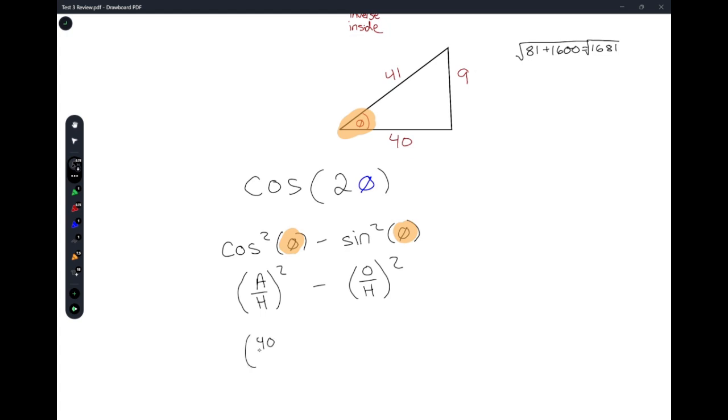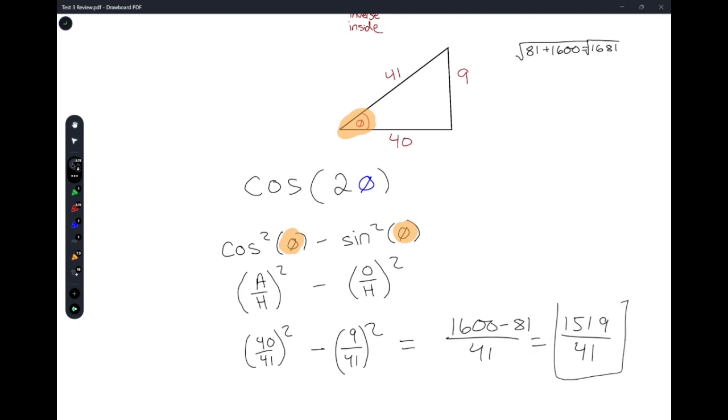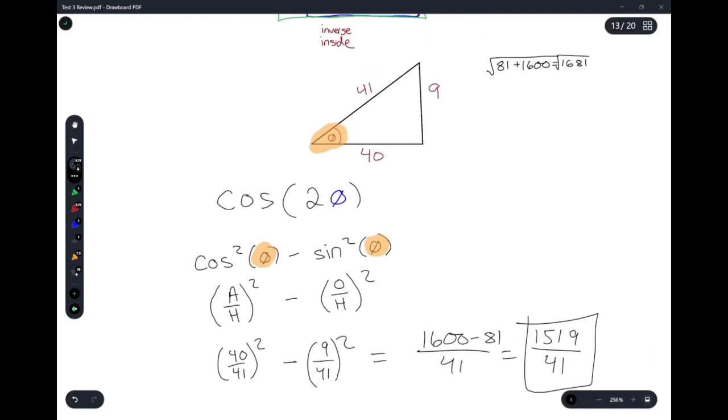So 40 over 41 squared minus 9 over 41 squared. So 1600 minus 81 over 41 squared, which is 19. Is that right? Somebody check my maths.